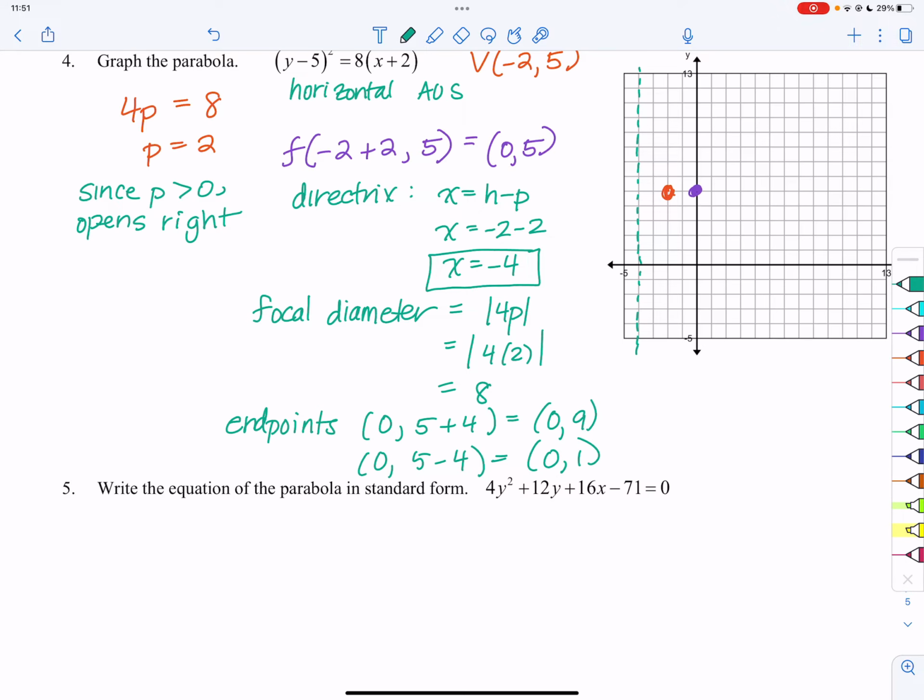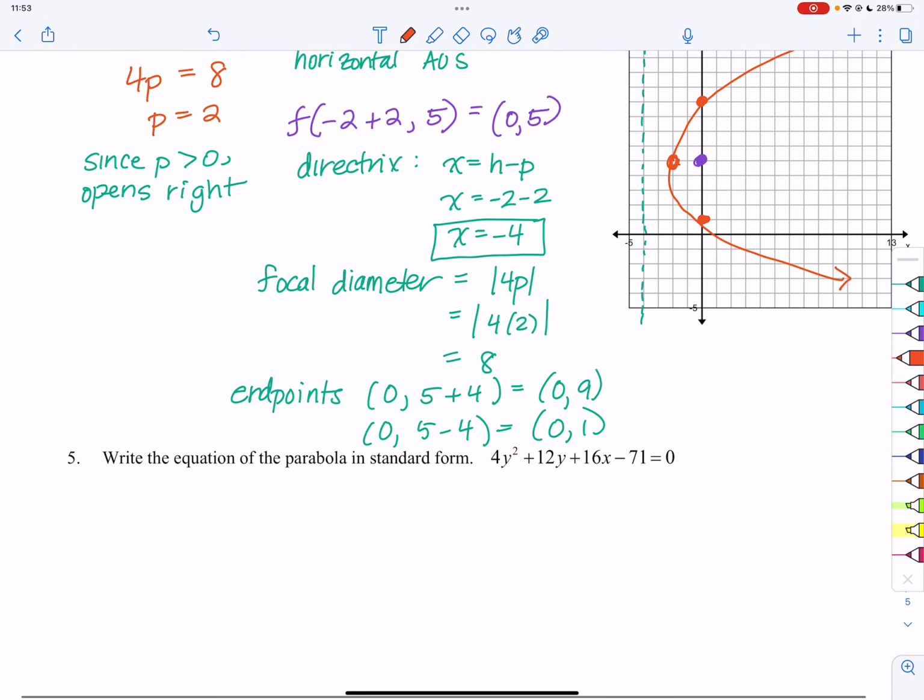So we can go ahead and place those points. So we have 0, 1, and 0, 9. And we can go ahead and draw our parabola. Okay, so now let's go ahead and look at number 5.